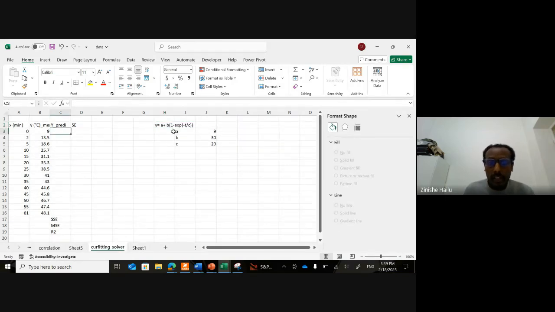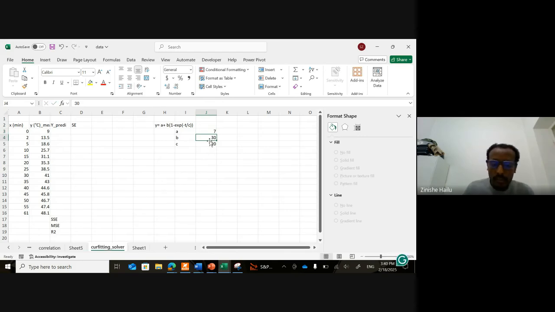Initially we have to put in the initial parameters like A, B, and C. These are the variables that need optimization. So for initial A we give, let's say, 9 or 8 or 7. We can use 28, or 19.